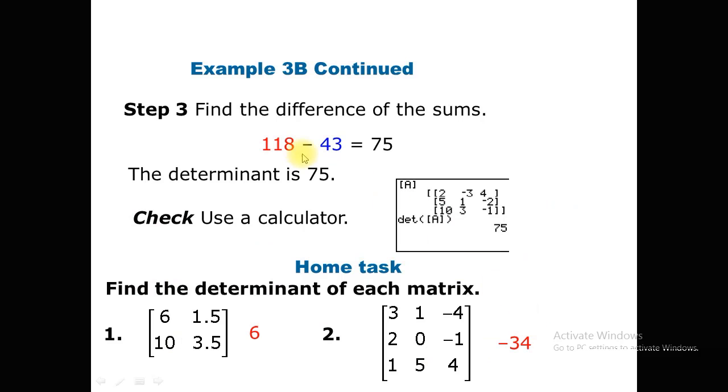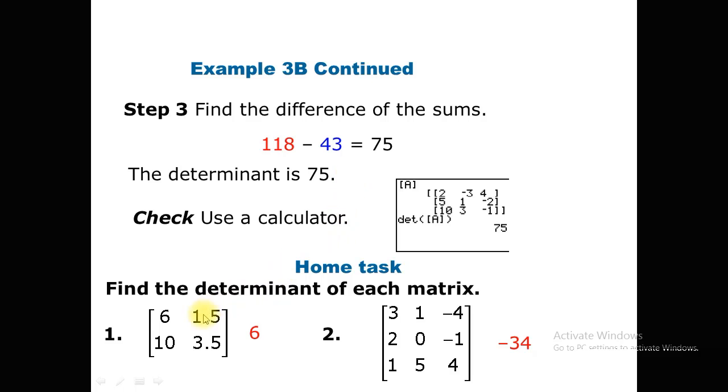Now this is the last stage. This is the sum of the product of the up diagonal, and this is the sum of the product of the down diagonal. So subtract the sum of the product of the up diagonals from the sum of the product of the down diagonals, we get the determinant as 75. Again, using a scientific calculator, you can verify and check the result of the determinant.